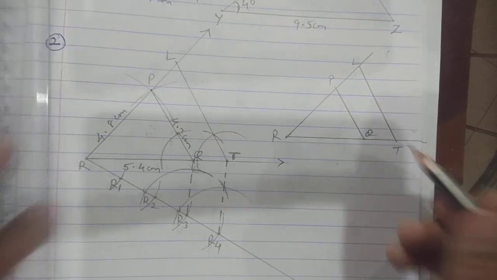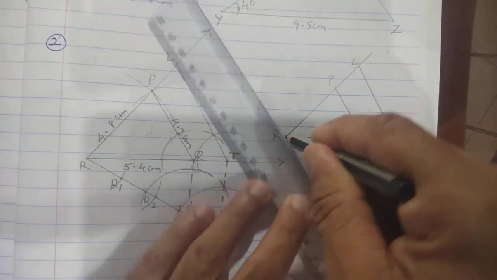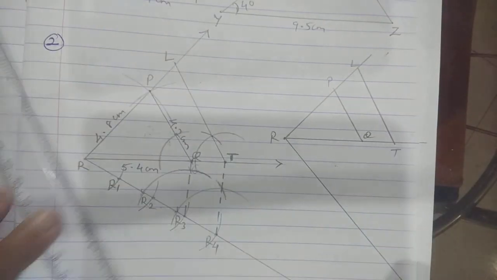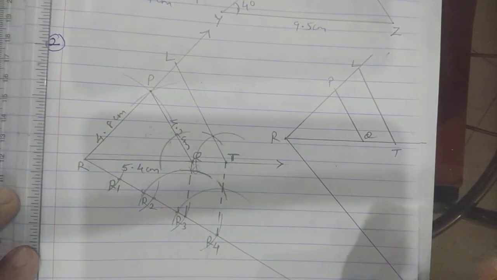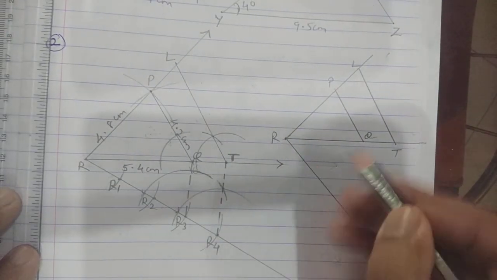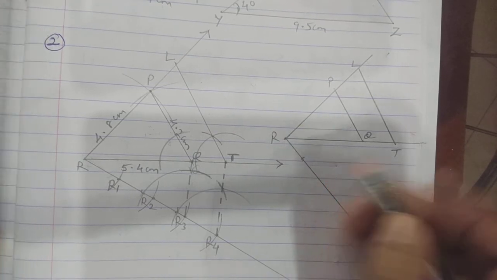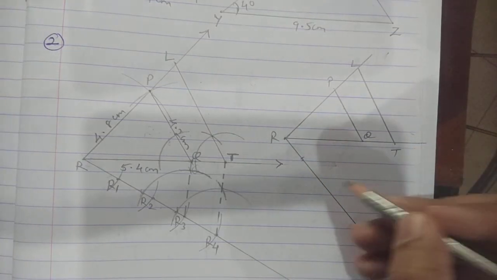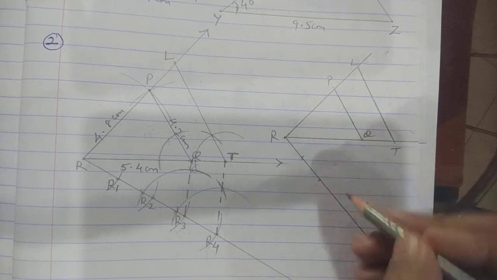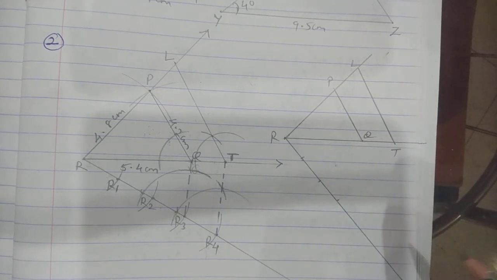And the lower part of the triangle also, you just draw the ray, and then divide the ray in 4 parts. So can you see this R1? Now these remaining 4 arcs you can draw by free hand also this way.